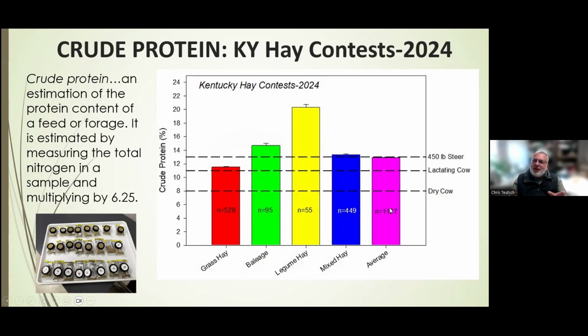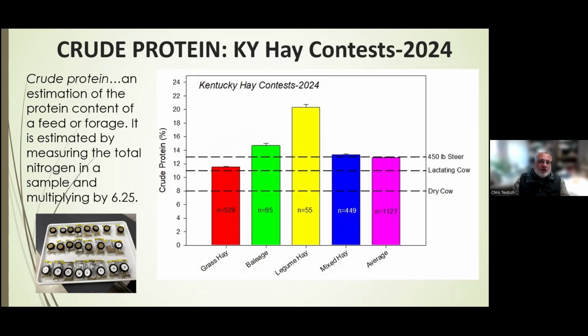What I want you to take away from this graph is that crude protein was pretty good in all of our samples. If we look at all of our samples, most of the samples met the crude protein requirement. Actually, all the samples on average met the crude protein requirement of a lactating cow. Now, remember, it is an average. So an average means there's some samples above that requirement and some below it.